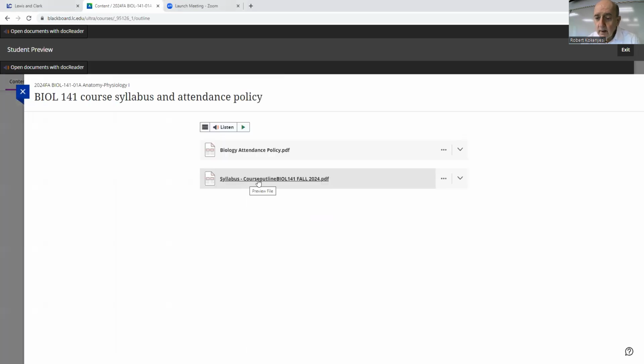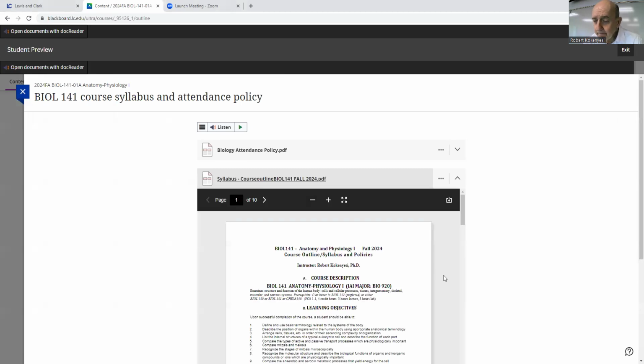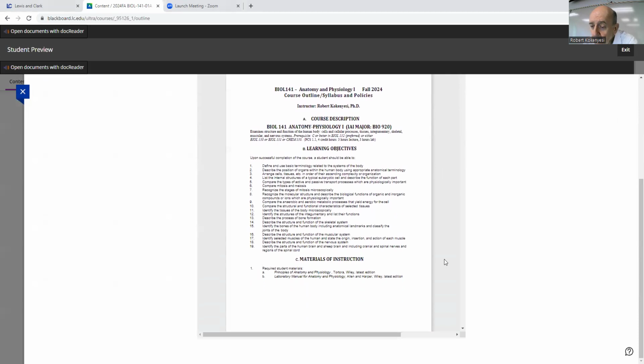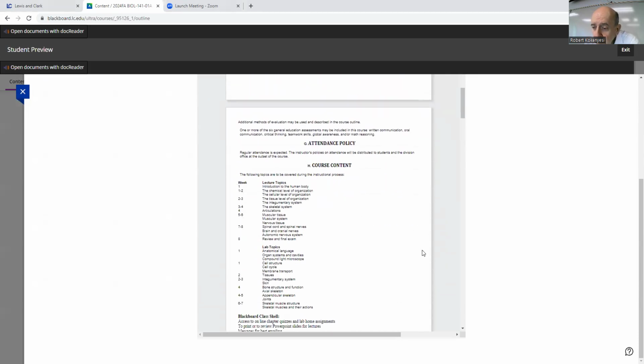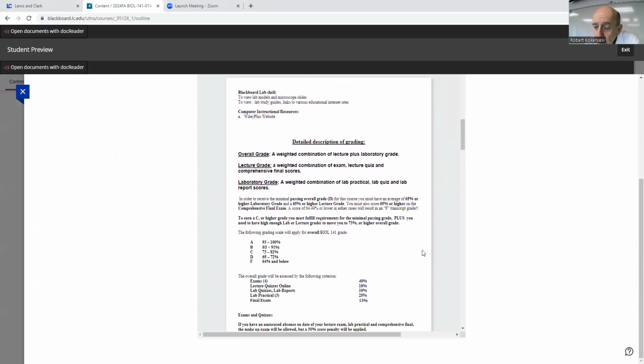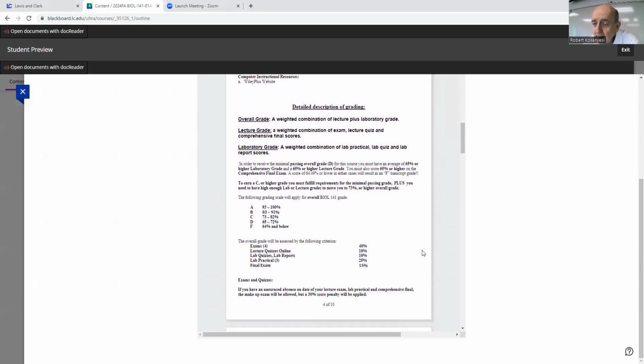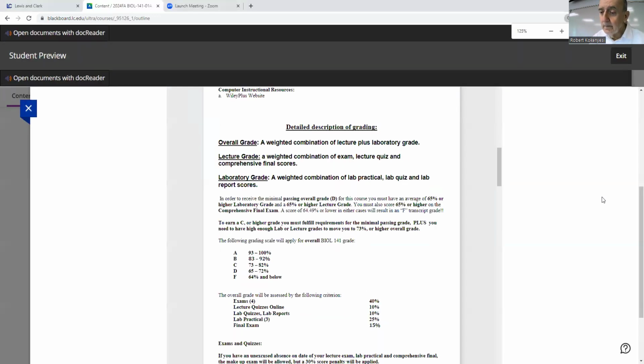Let's open this up. And here is the course outline portion of it. Let's scroll down here, and somewhere down here it says detailed description of grading. We'll see if I can magnify this a little bit. Maybe this helps.